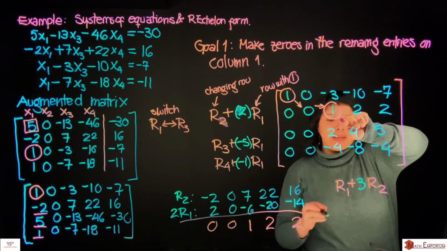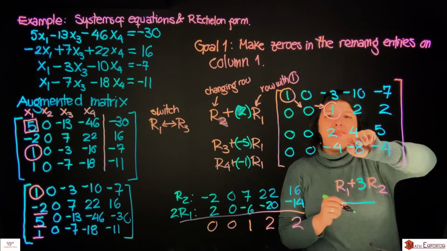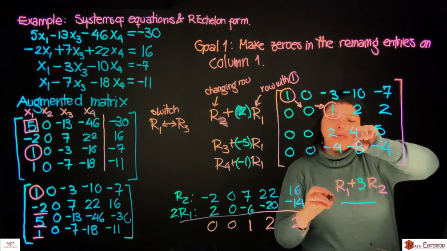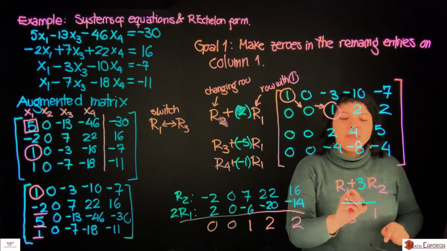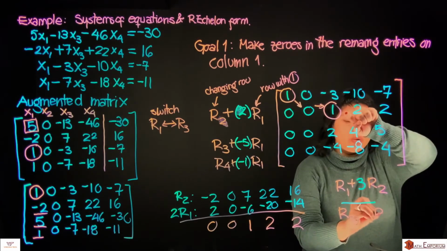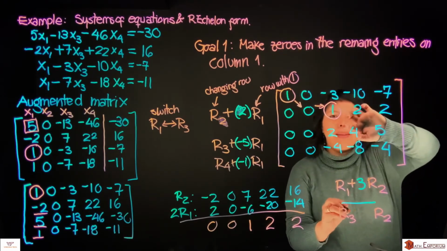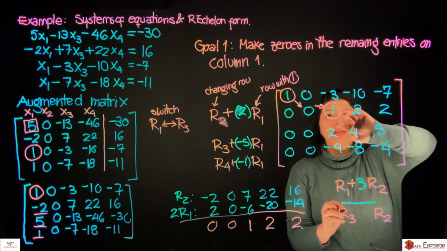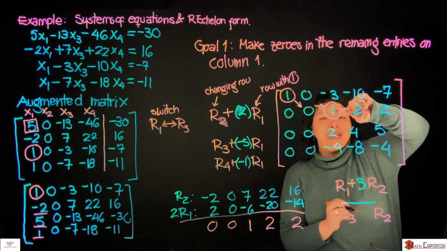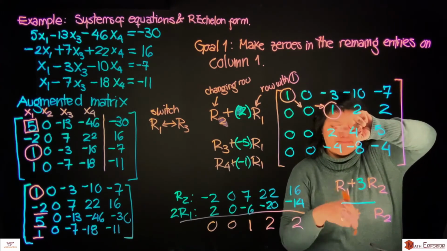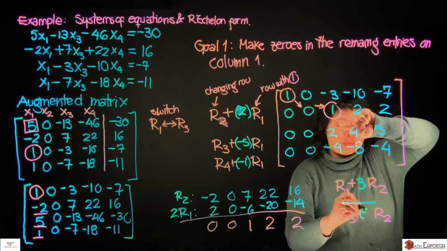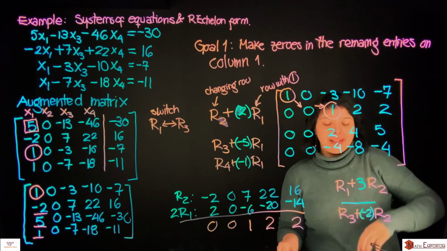This row remains the same, so there's nothing that is going to happen in the second row. In the third row, I'm going to have row 3, and again I'm using my row 2 to change that. And the operation that I need to do is, I have a 1 here. If I multiply this times -2 and add it to my row 3, then that will guarantee that I get a 0.